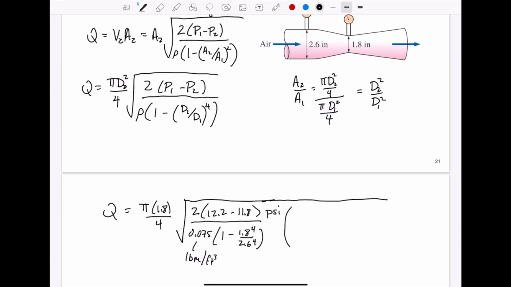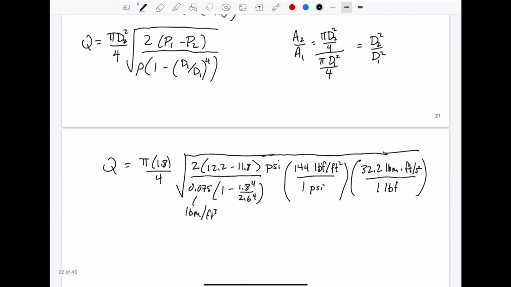So our first conversion will be 144 pound force per foot squared per 1 PSI. So when we have our pressure in terms of pound force per foot squared, now we need to go from pound mass to pound force for the denominator. So that's 32.2 pound mass times feet per second squared per 1 pound force.